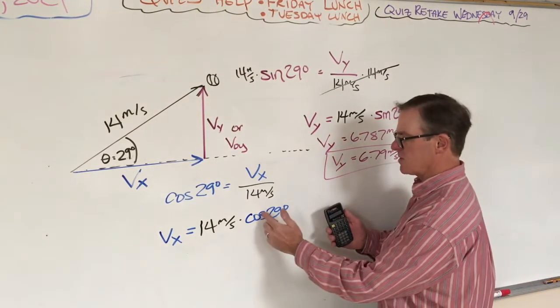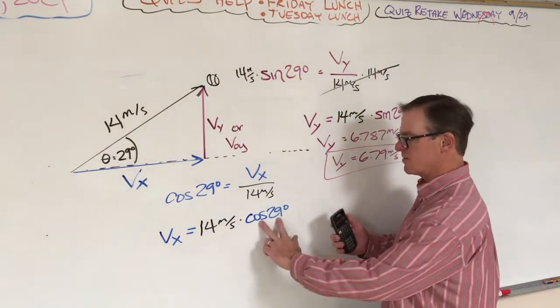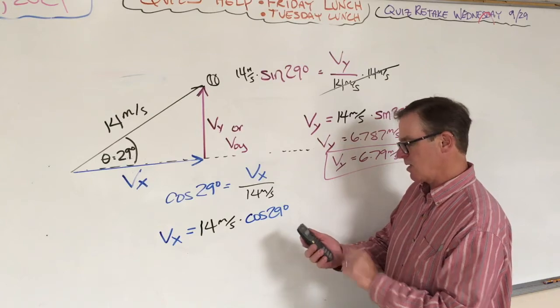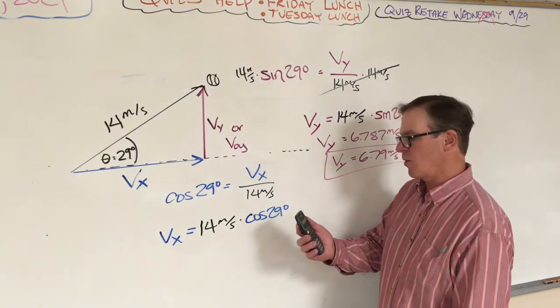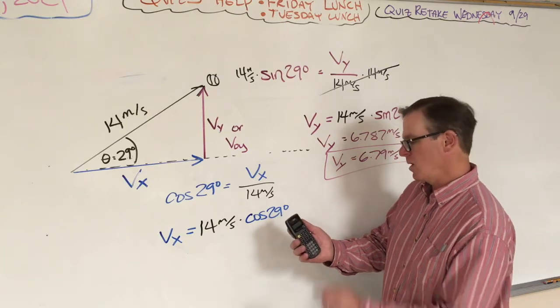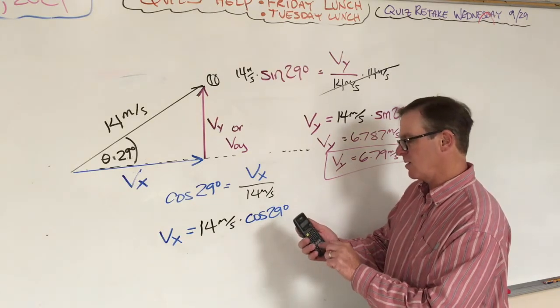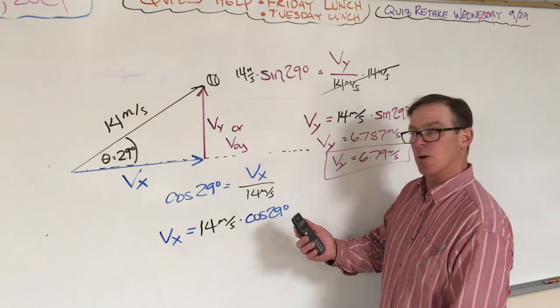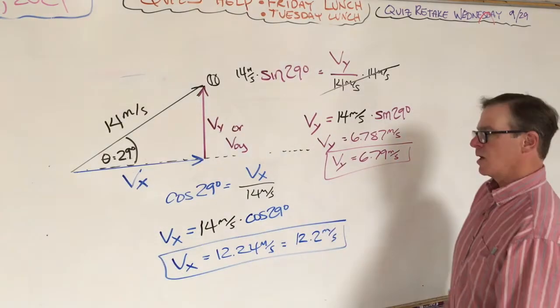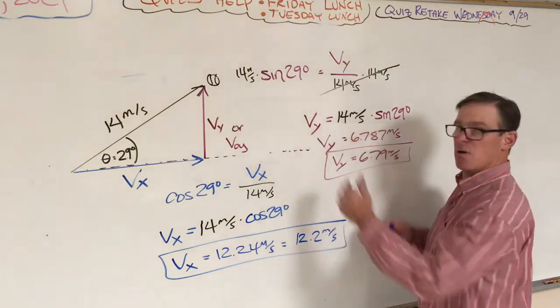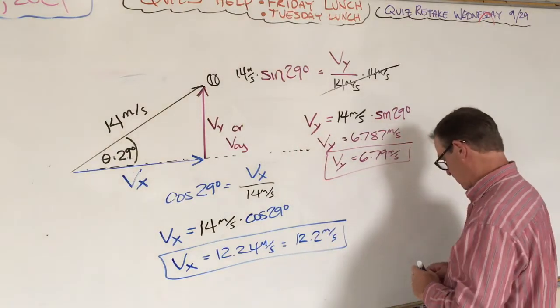I'm going to perform this on the calculator again, doing this first. 29 cosine is a little bit more than 0.87, and that times 14 is 12.24. I'm going to put these values into my drawing and talk about one quick thing.